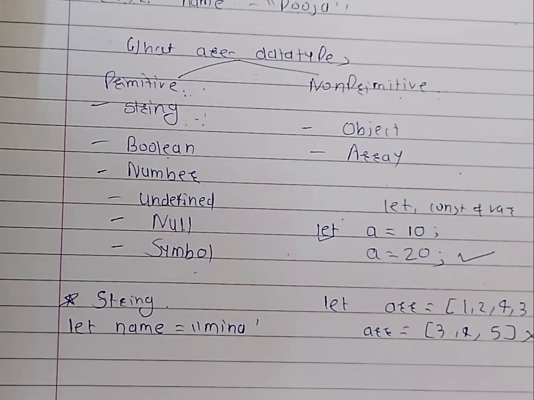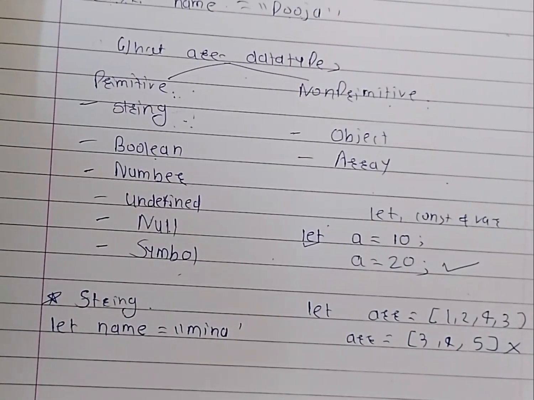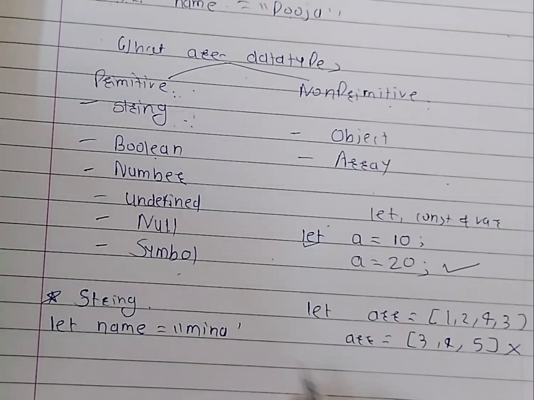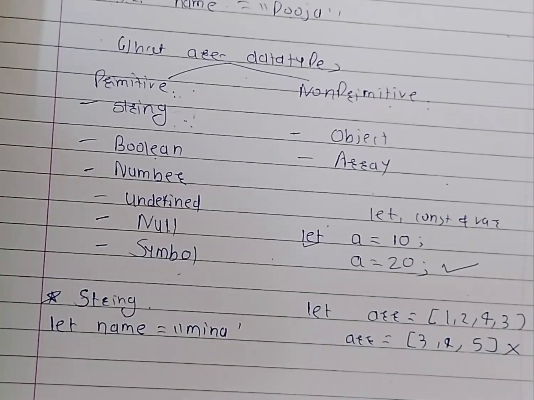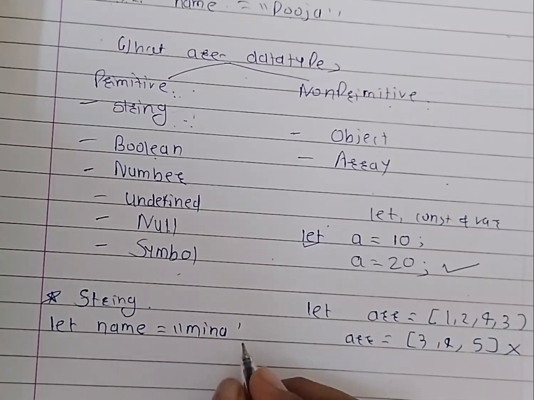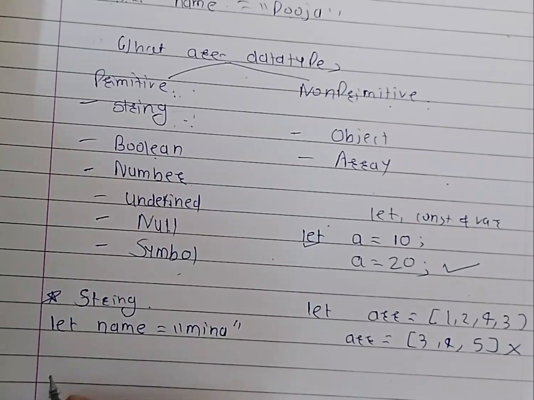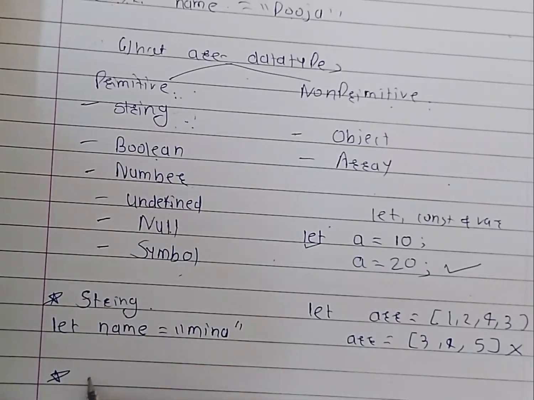So a string is basically a combination of characters, or we can say a set of characters, and we can concatenate multiple characters into a string. And then the second one is boolean.